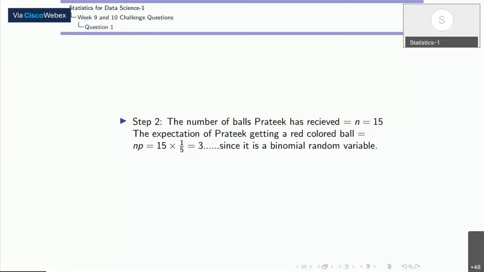Here n is 15 and p, the probability of success, is 1 by 5. So the expectation we get is 3, and we need to find the probability that the number of red colored balls he receives is less than that expected value. That means it should take the value 0, 1 or 2, correct?